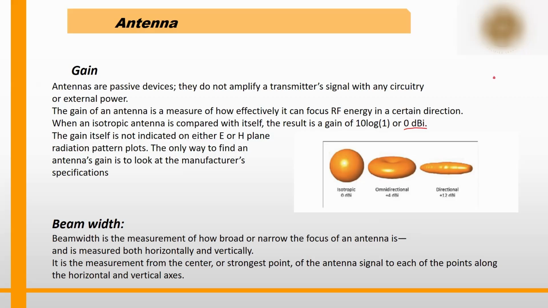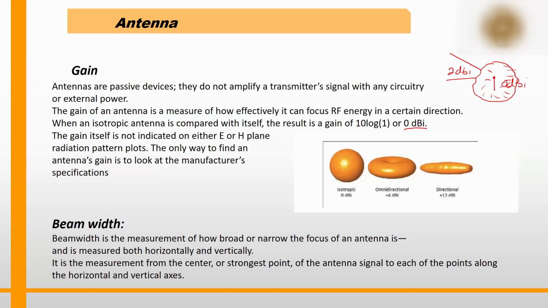What does that mean? When you have a perfect isotropic antenna, the energy is radiating in all directions, so there is no gain. But if you take the same energy and focus it at a point, then all that energy is focused, so there will be some gain. Suppose 2 dBi is the gain. An isotropic antenna has no gain, but it is ideal.